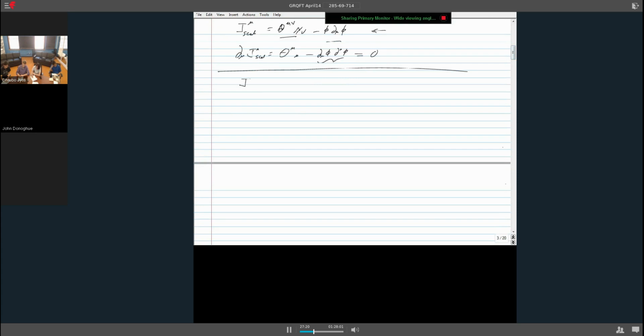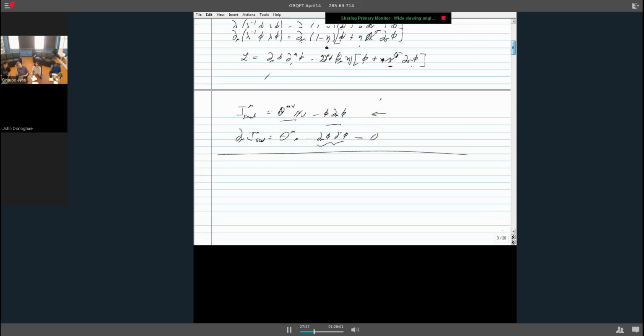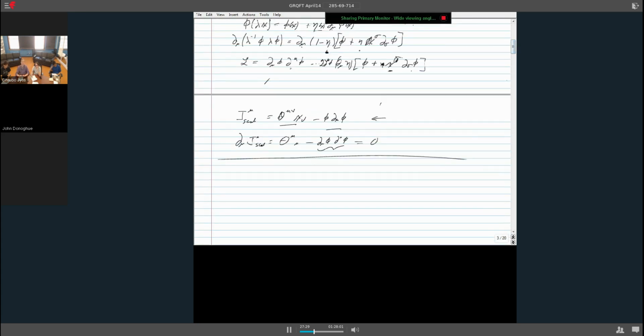So I just take the derivative of x minus, it's d mu phi from the second piece there. And if I've got my factors of 2 right, that should be 0. Okay, so I do get a symmetry.